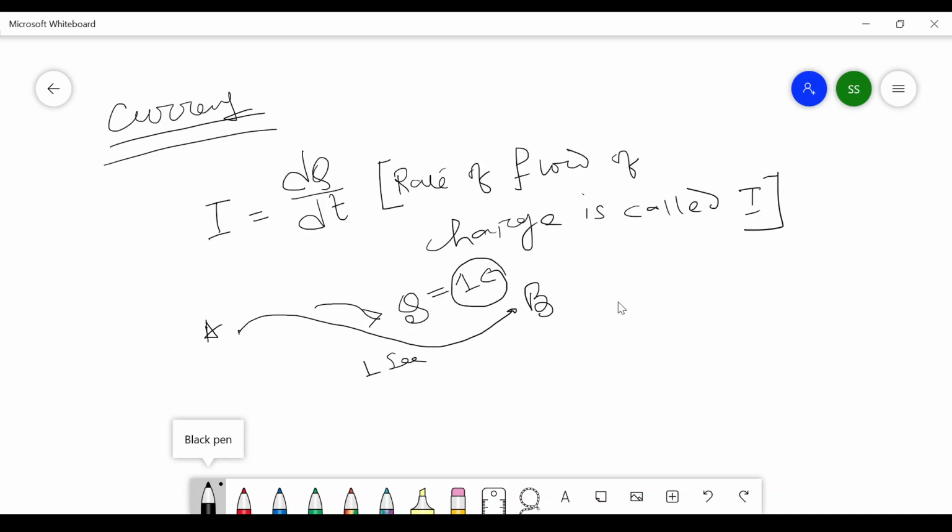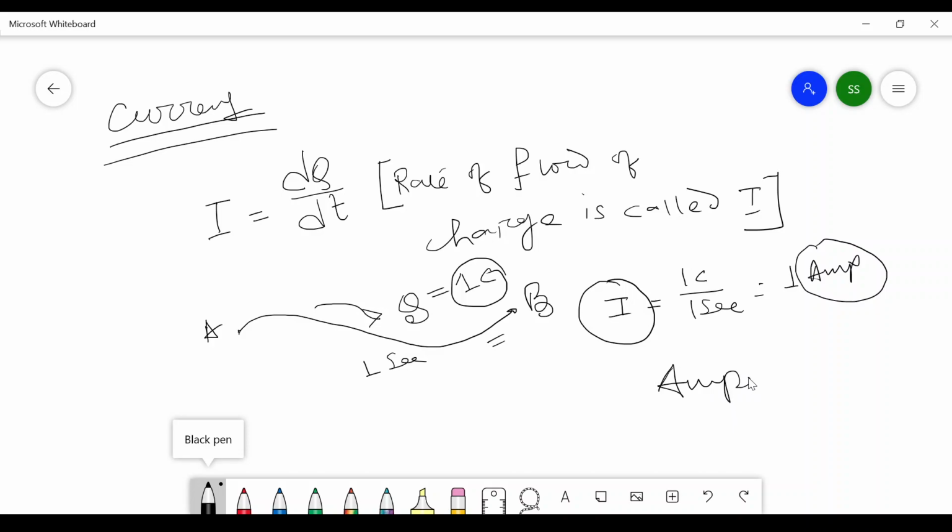Then the current will be 1 coulomb divided by 1 second, which is 1 ampere. So the current is the rate of flow of charge in a conductive material, and the unit of current is ampere.